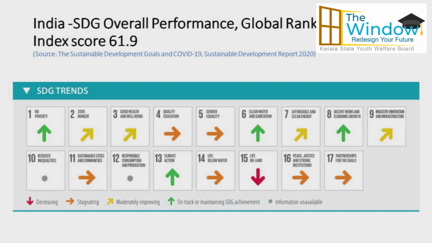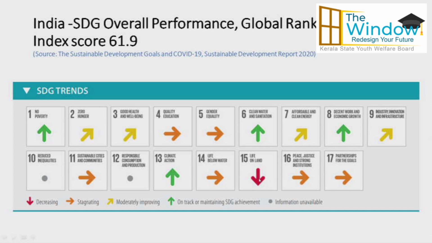The yellow color shows a moderately improving situation, and the orange color shows the stagnating aspects. Based on the color and arrow mark, we can say that the green ones are no poverty, clean water and sanitation, decent work and economic growth, and climate action. So in these four cases, in the context of India, we are on the right track, or we are maintaining the Sustainable Development Goal achievement.